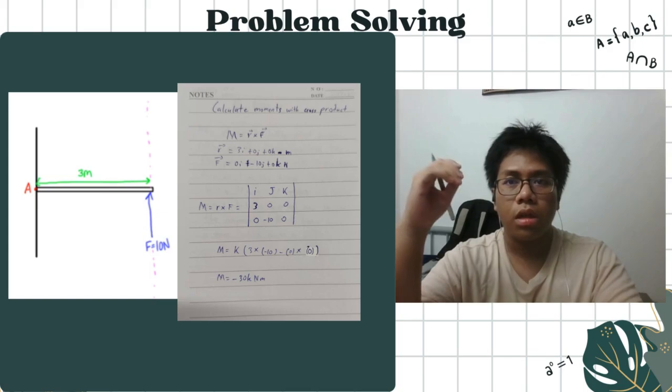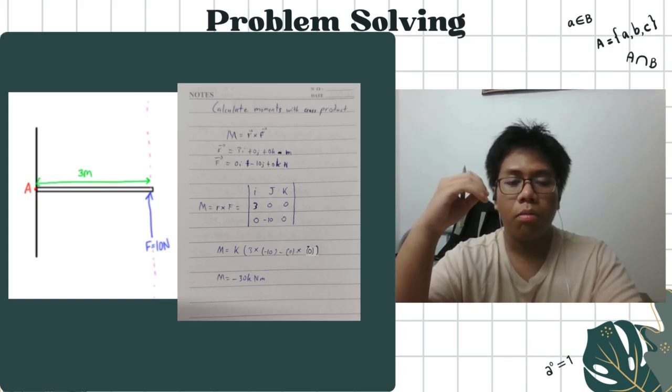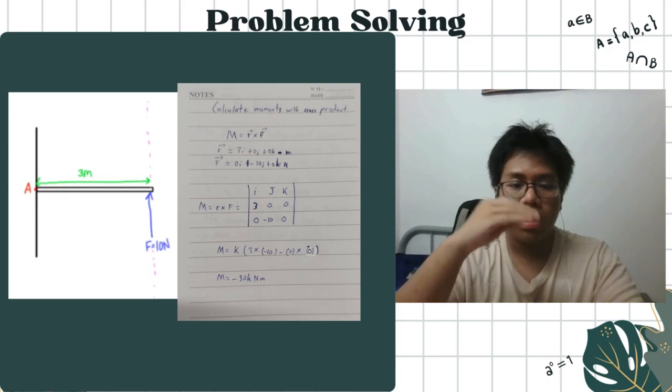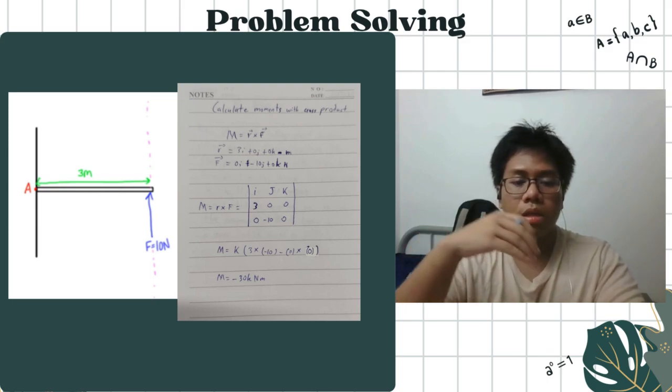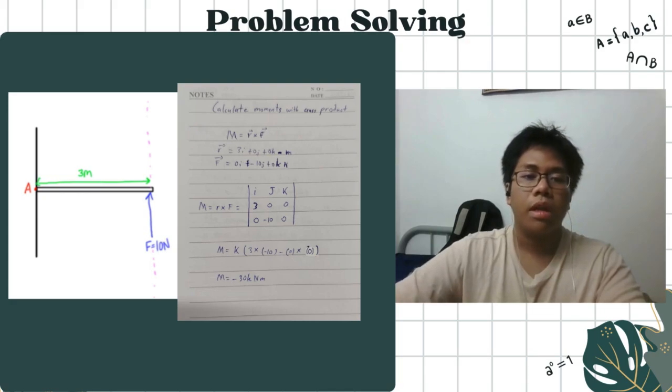Now, by solving the component of k, because the rest is 0, we get M equals negative 30k.